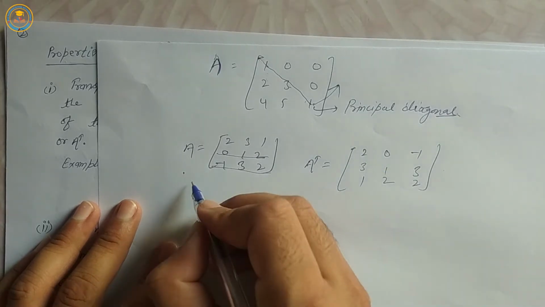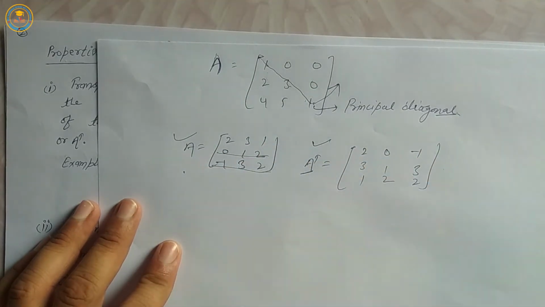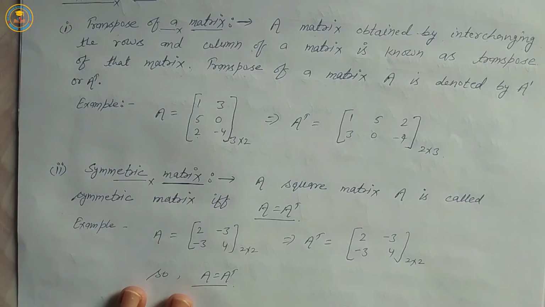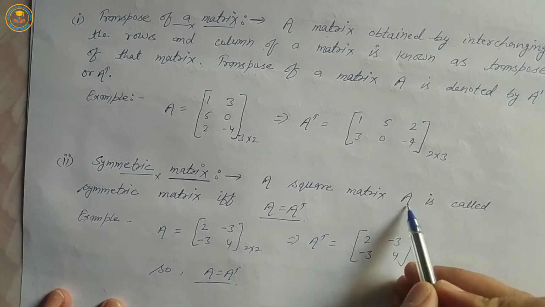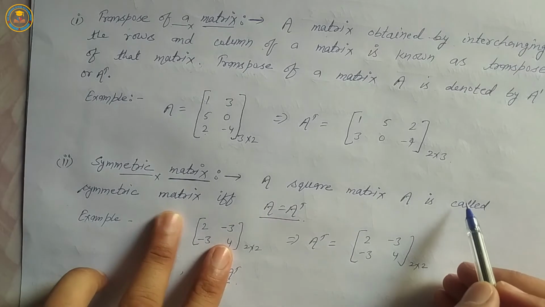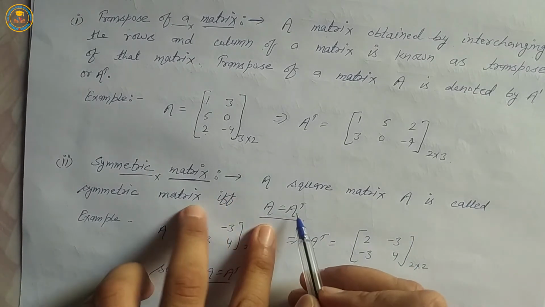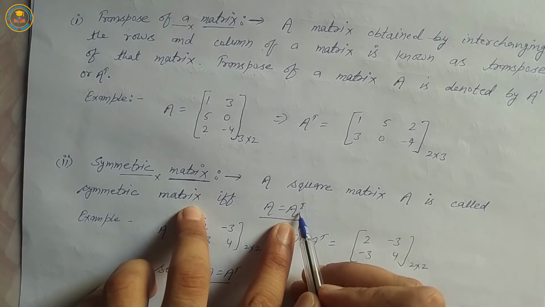Okay, matrix A and transpose of A. Next definition: symmetric matrix. A square matrix A is called a symmetric matrix if and only if A is equal to the transpose of A.